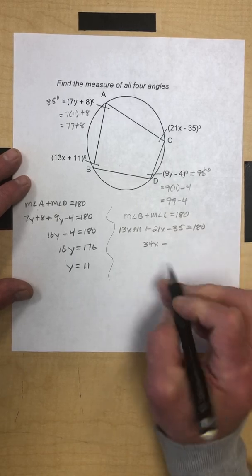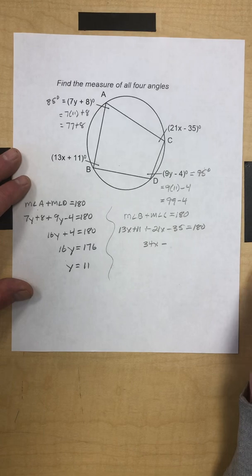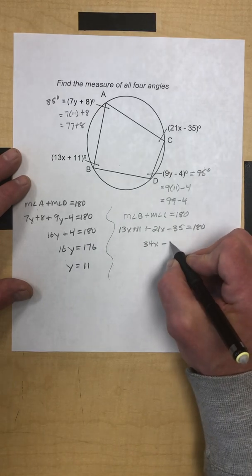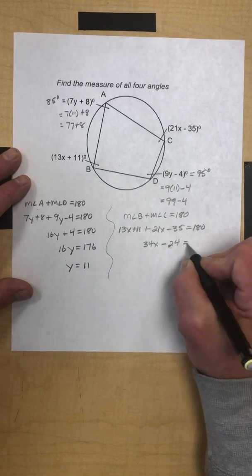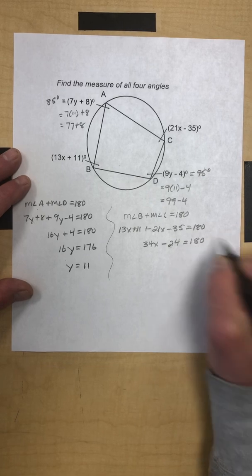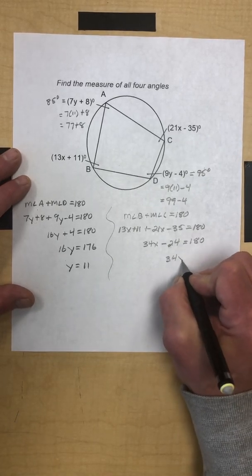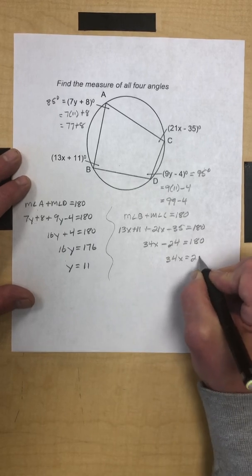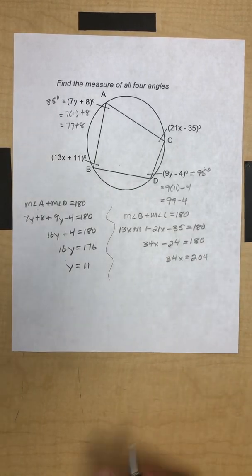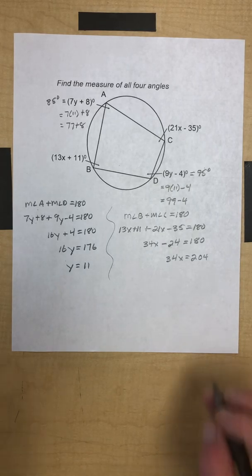Then 11 minus 35, I think that's negative 24, isn't it? Equals 180. Adding 24 to both sides, I get 34x equals 204. Then we divide: 204 divided by 34, and I'm getting 6.